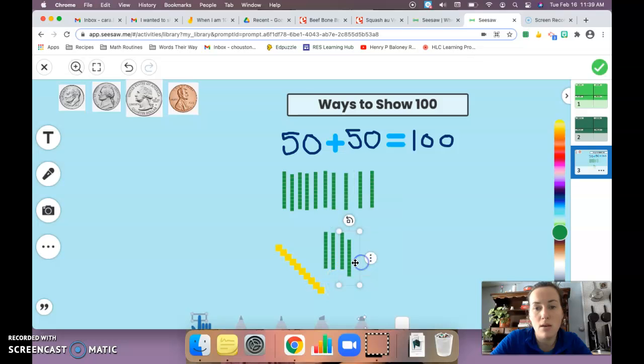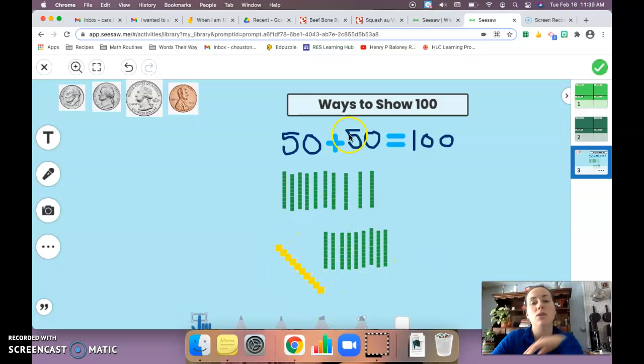Remember I have 10 ones here. So I can show it again with a number sentence. I can show with base 10 blocks using tens or ones.